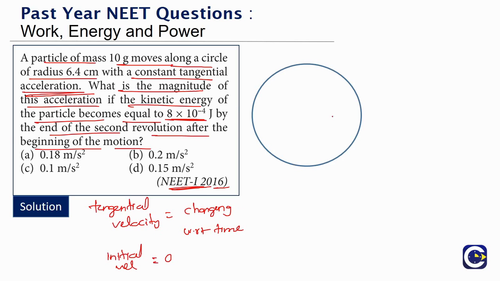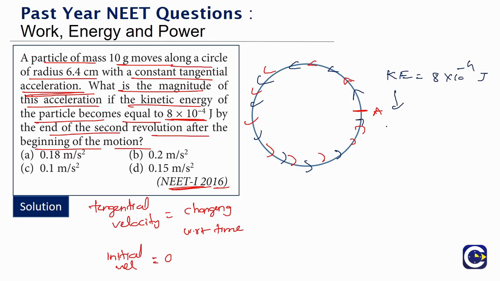So we have a particle starting from, let us say, A. It is completing one revolution and then the second revolution. By the end of the second revolution, it has a kinetic energy of 8 into 10 power minus 4 joules.